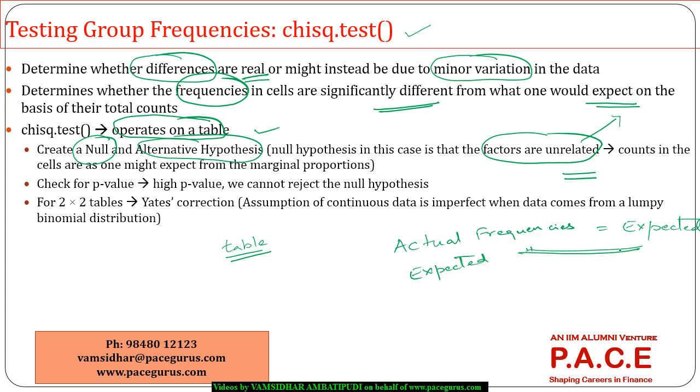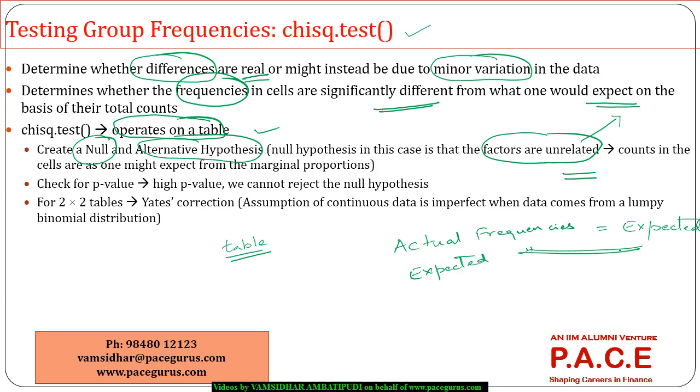And what the alternate hypothesis says is no, that is not the case. The actual frequencies are significantly different from that of the expected frequencies. That's the major thing that we have to establish first, right? We have to simply establish the null hypothesis and alternative hypothesis.